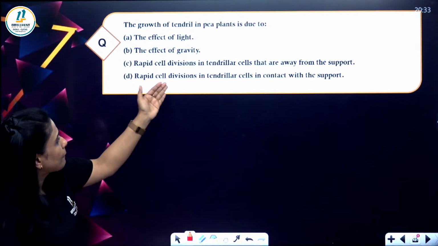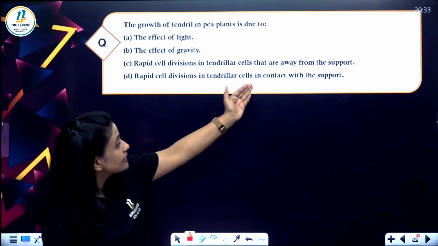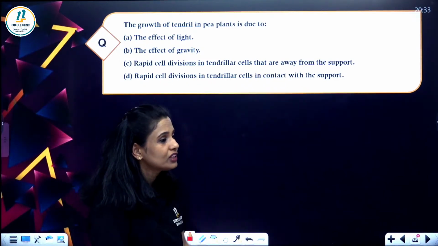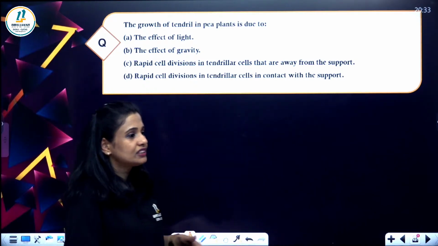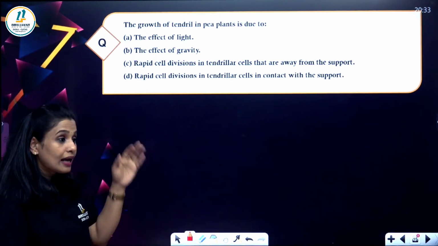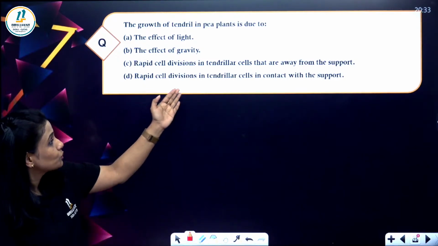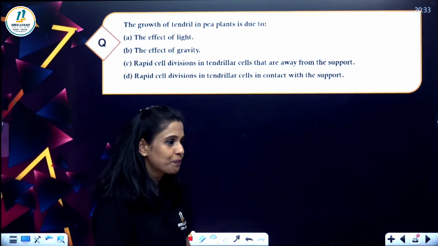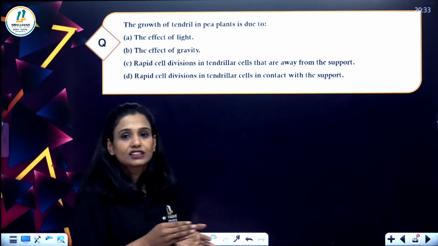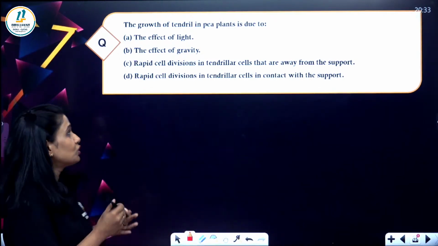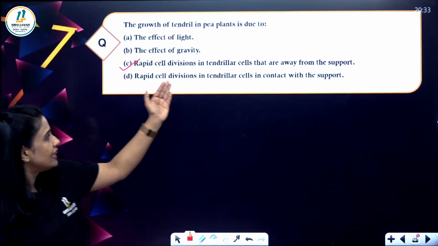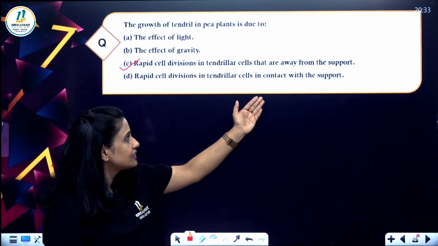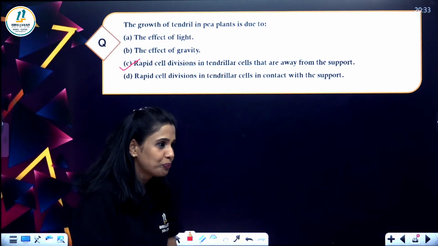Rapid cell division only, but it should be away from the support, not in contact with the support. So which is the correct option? Option C. Rapid cell division in tendrilar cells that are away from the support.